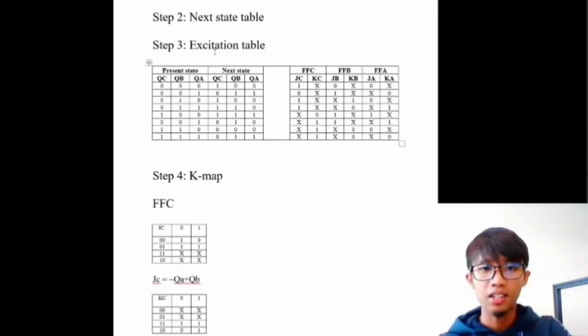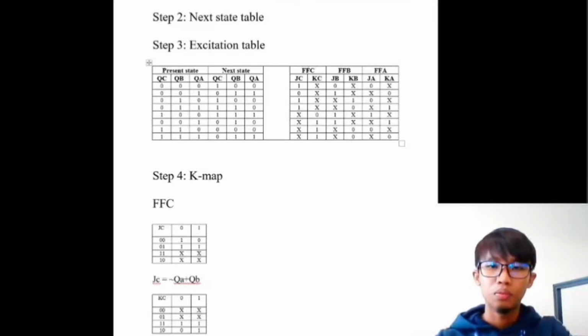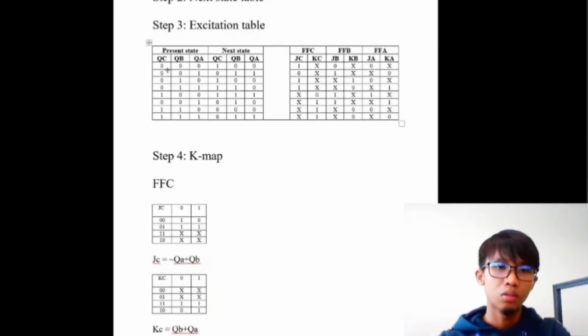After we have filled in the next state table, we are going to process step 3, which is the excitation table. The third step is the excitation table, where we classify it into its own flip-flop for values J and K. There we have three flip-flops, which are flip-flop C, B, and A. We classify it by referring to the values.